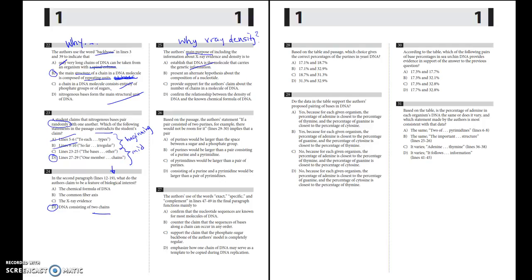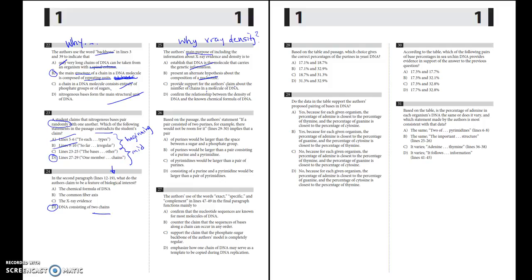Okay, present an alternate hypothesis about the composition of a nucleotide, not about a nucleotide. They only barely mentioned that. Provide support for the author's claims. Right away, I like that answer. Anytime an answer says something like provide support for author's claim, that's a nice general one. When you read an article or a journal or an essay, that's what details do.